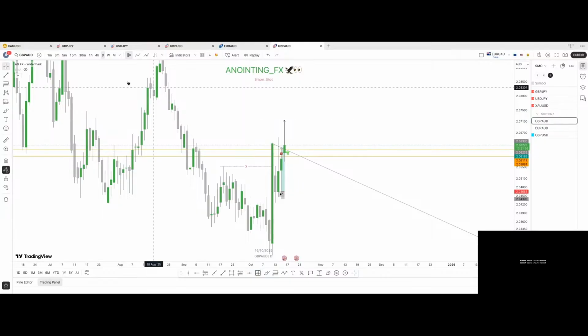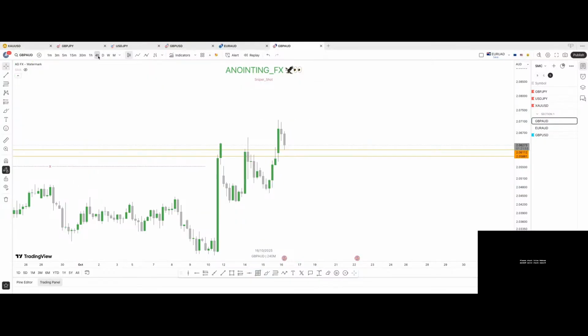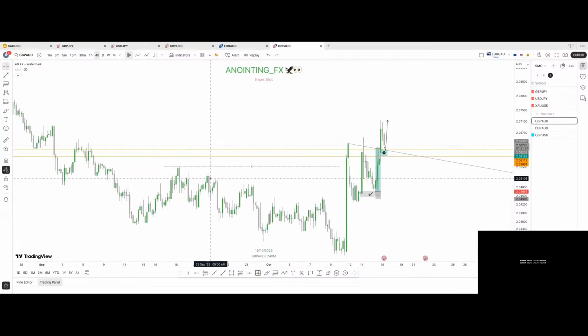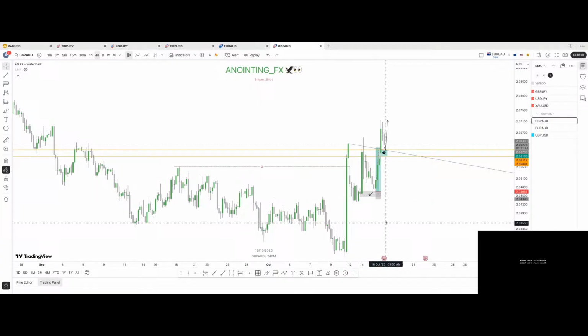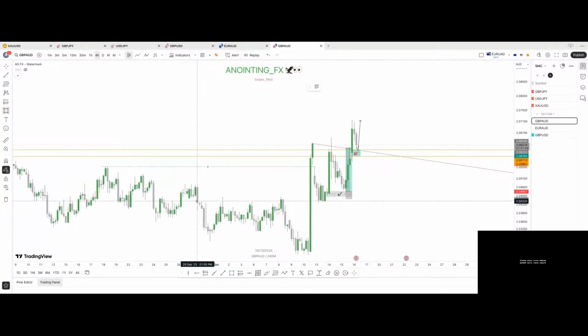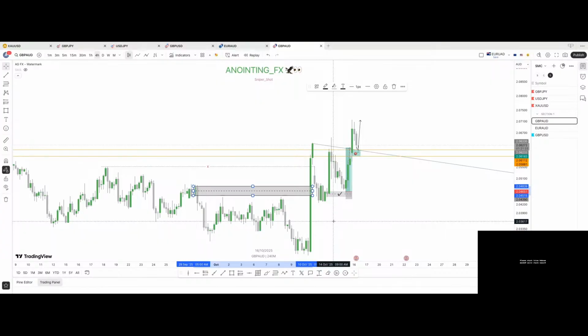So since then I had to switch back to the lower time frame to see what is actually going to happen since we have had a break of structure to the upside. So we had a supply zone over here where price failed to react to it since the momentum was very high.